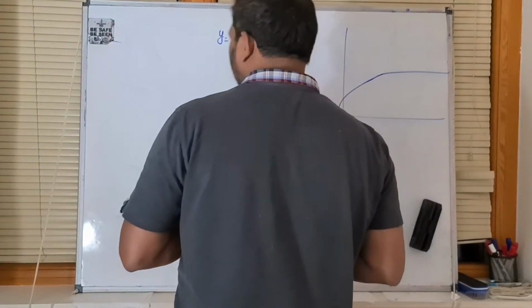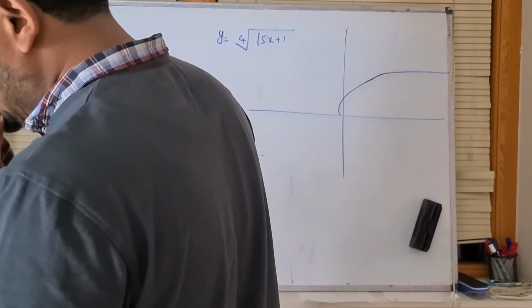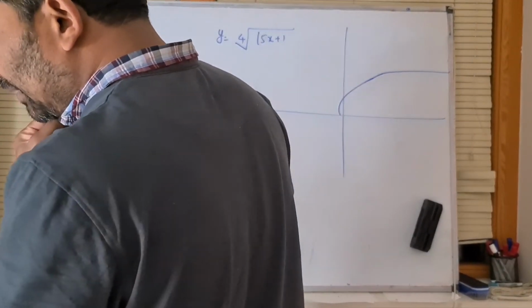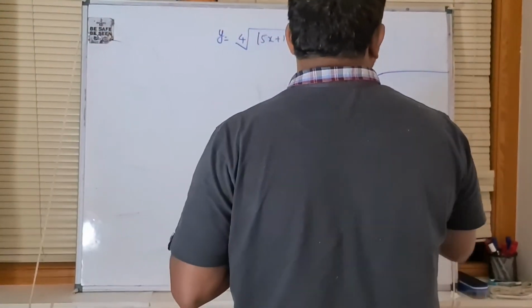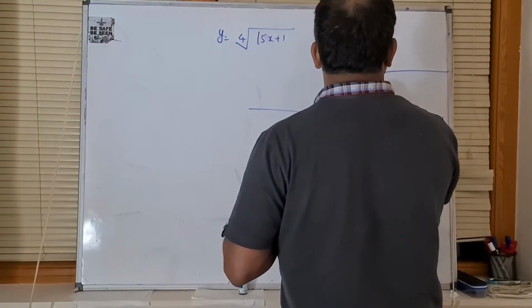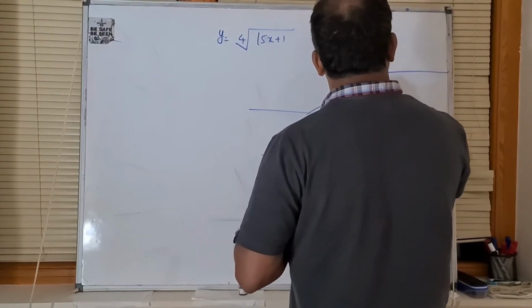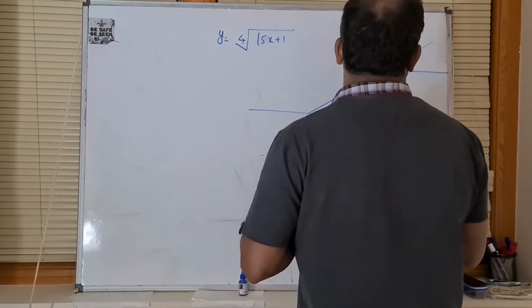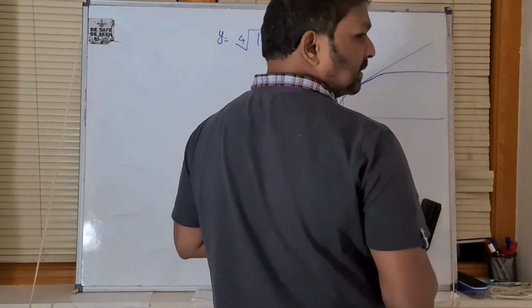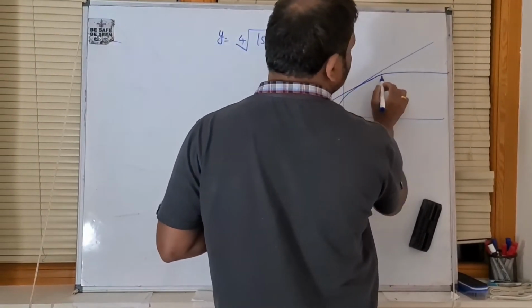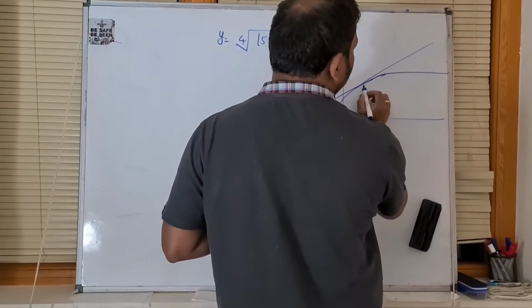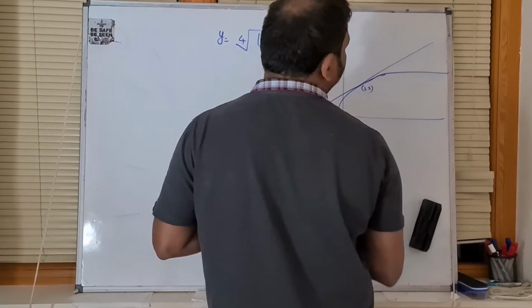So that is one part, and secondly, there is also a tangent given, and the tangent is touching this point at 1 comma 2. Somewhere here, there is a tangent drawn. This point is 1 comma 2. This tangent is touching this curved line at 1 comma 2.